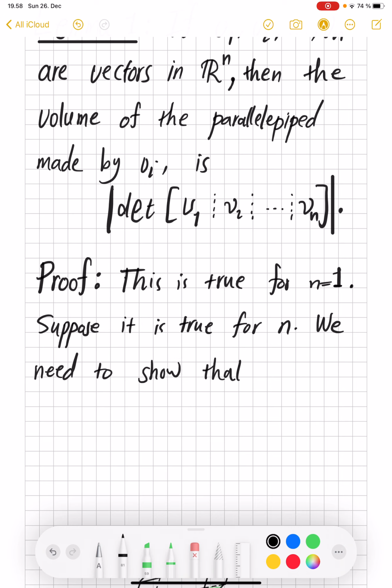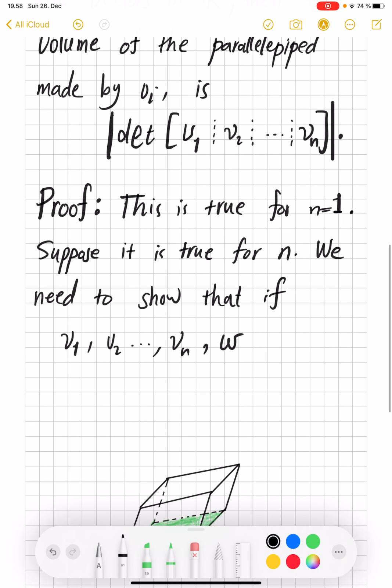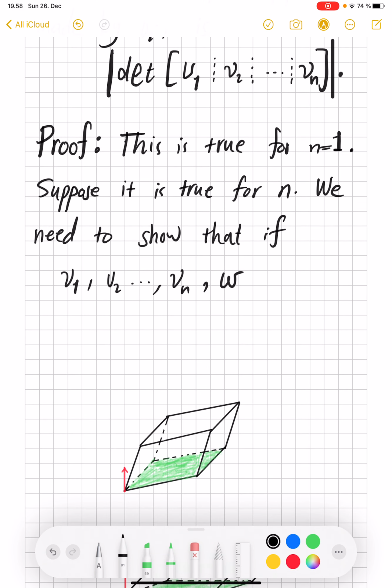That if v1, v2, up to vn, and vn plus 1, so we're moving into Rn plus 1. The last vector I like to give a different name. So these are n plus 1 vectors.